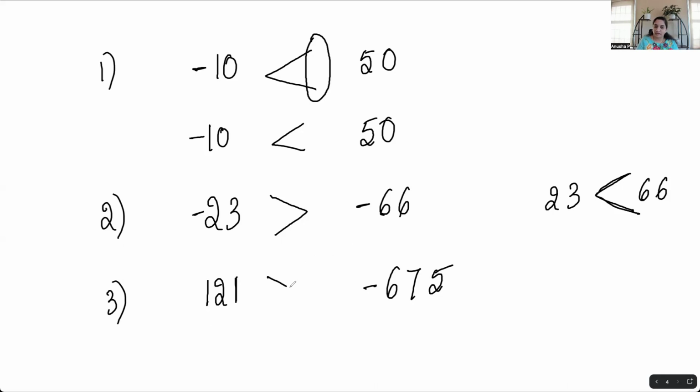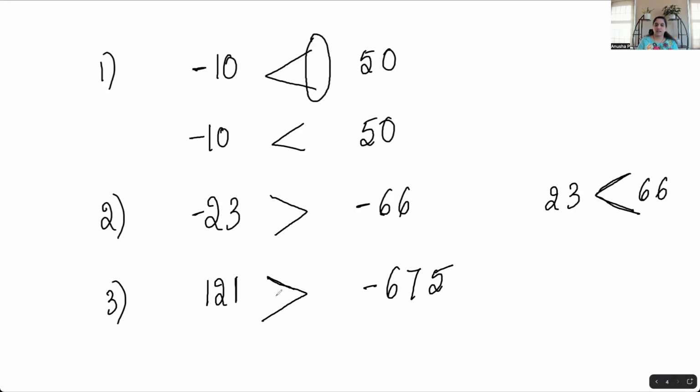So 121 will be the bigger one. Negative and minus, they both are the same. If you read the number as minus 675 or negative 675, they both are the same.